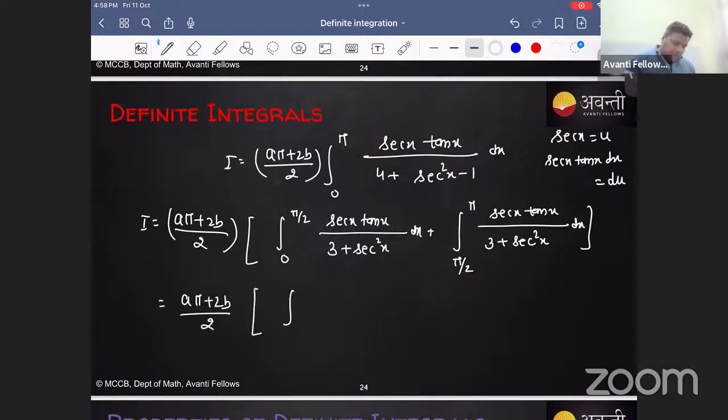Now it will be 1, 2 sec little less than pi by 2 sec will be infinite. 1 to infinite. It is du upon 3 plus u square plus from minus infinite to minus 1. It is du upon 3 plus u square. Am I correct?